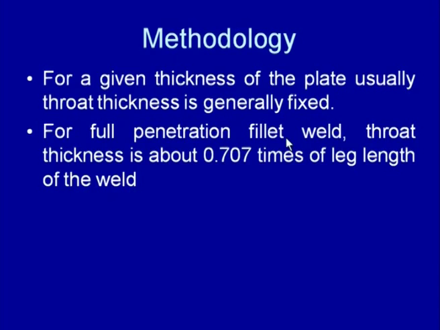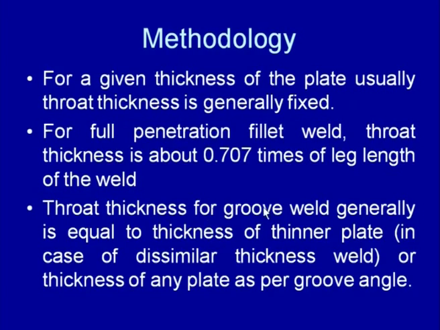For a full penetration weld, throat thickness is usually about 0.707 of the leg length of the weld, and the throat thickness for the groove weld is generally equal to the thickness of the thinner plate, in case of similar thickness plates, as per the groove angle when plates of equal thicknesses are welded.